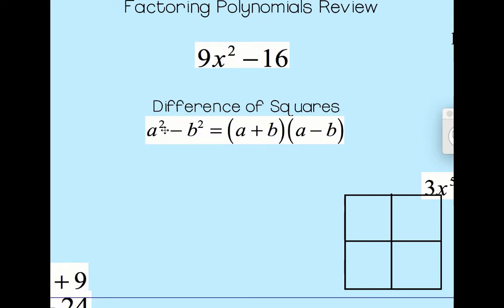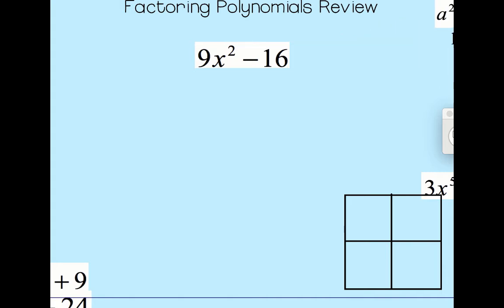Super easy, so she said. So let's go ahead and do this one. Okay, so we said that to make 9x squared, I had to square a 3 and an x. To make a 16, I had to square a 4. So it's 3x minus 4, and then my second set would be the same thing except with an addition sign.